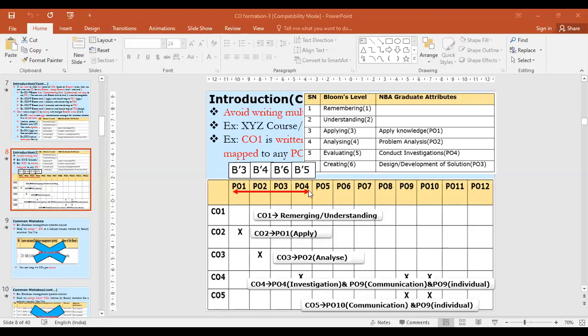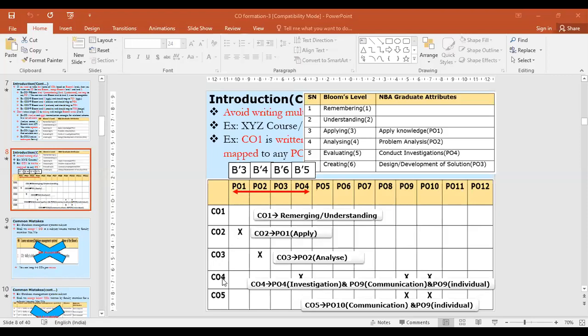For example, if your qualification is PhD, no need to say BTech, MTech, PhD. You straight away say my qualification is PhD, the highest. Bloom's norms are only applicable up to PO1 to PO4, not for PO5, PO6 like that.